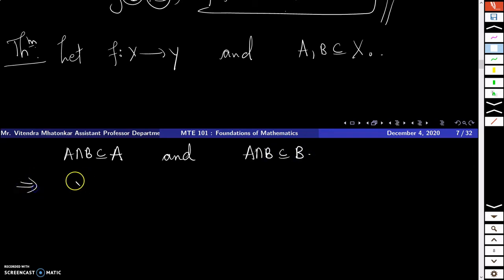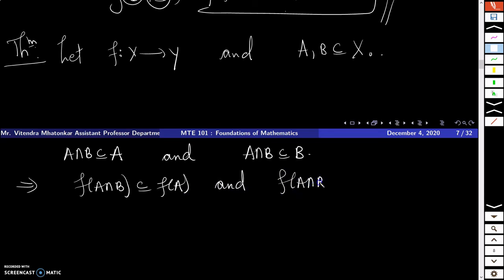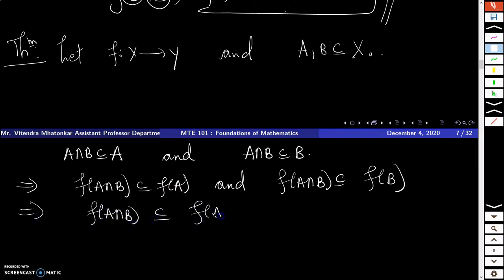So f of A intersection B will be a subset of f of A, and f of A intersection B is a subset of f of B. So f of A intersection B is there in both f of A as well as f of B, and hence it is there in the intersection. So f of A intersection B is a subset of f of A intersection f of B, right?